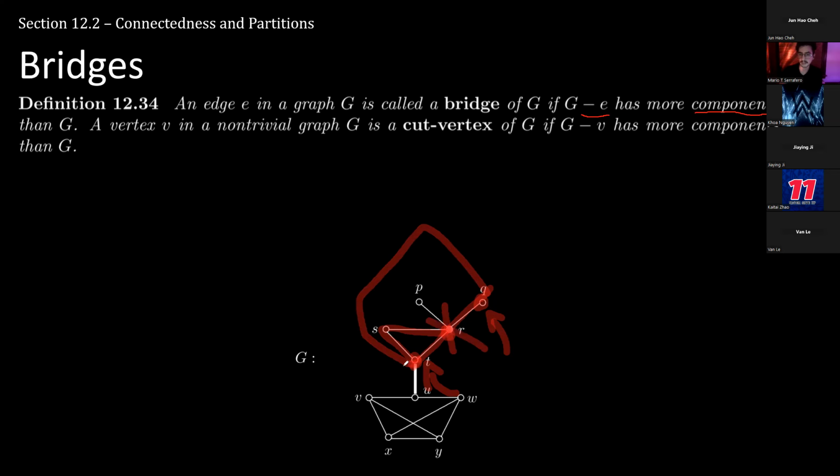Then if I cut R, there would still be a path connecting them, and they're not disconnected quite yet.